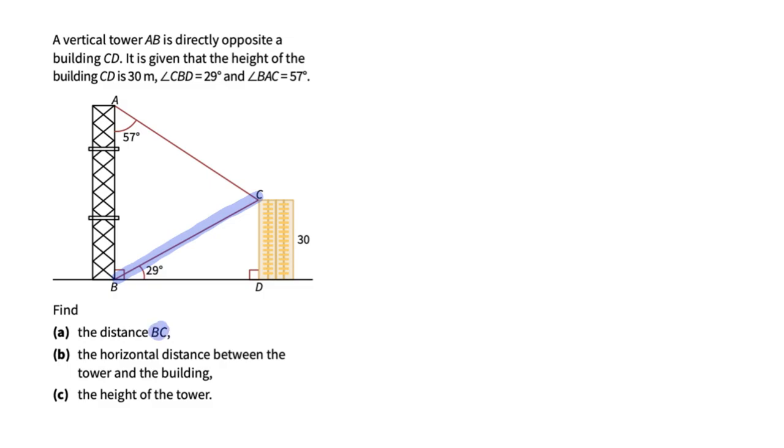So I'm going to focus on this blue color triangle, which I'm going to just draw out. Just do a quick sketch. So I will have 29 degrees here. This is B and CD, 30.